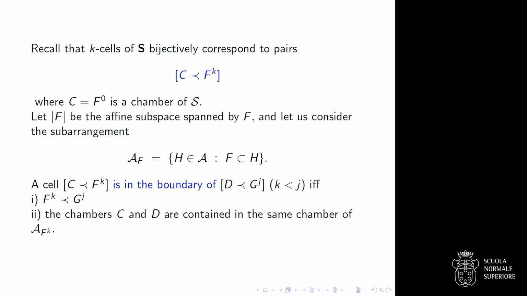Because for F13, the support is the same line. So you need to look at which are the chambers that stay on the same side of C0. It's C4 and C5. C4 is the only one having F13 as a facet. Yeah, it should be below. Yes.